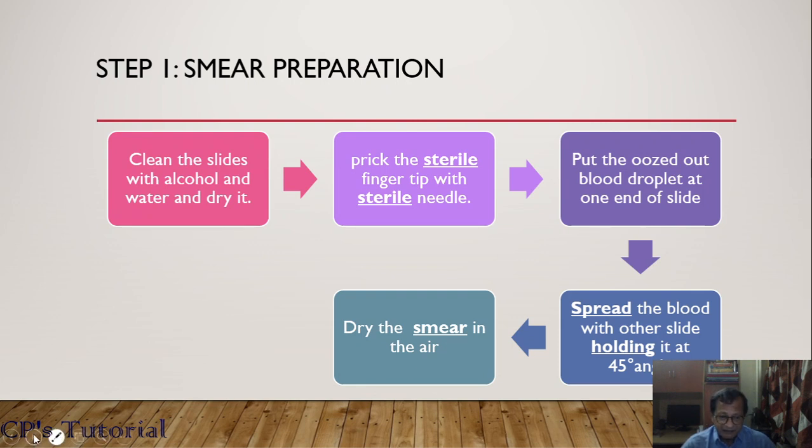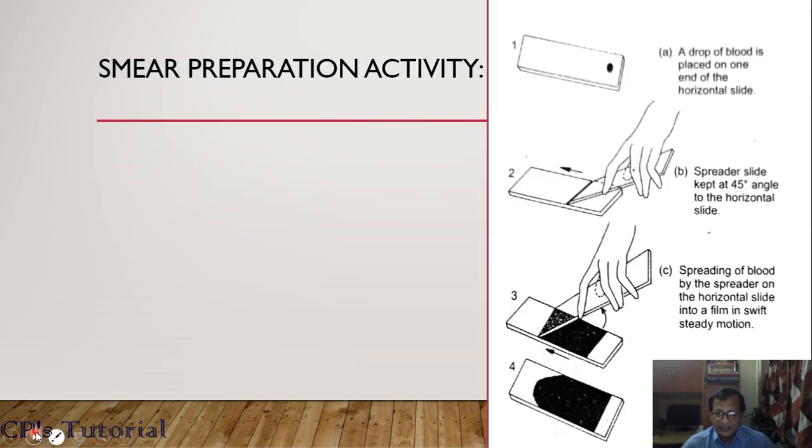Now the smear is ready. Now we come to the preparation of staining. Yes, this is the process, for your visualization, of how you should make the slide smear. Okay, this is the blood droplet. This is the attachment of the second slide with the droplet, and the blood has dispersed sidewise.